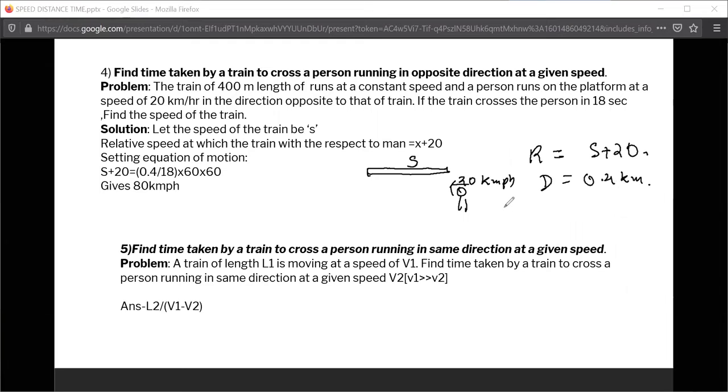So setting the equation of motion, s plus 20, the relative speed, equals the distance, that is 0.4, by time. It is taken 80 seconds, but we need to convert it into hours. So 80 divided by 60 times 60, which will give you s equals 80 kmph.